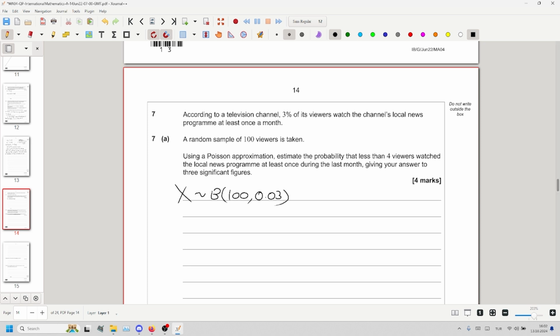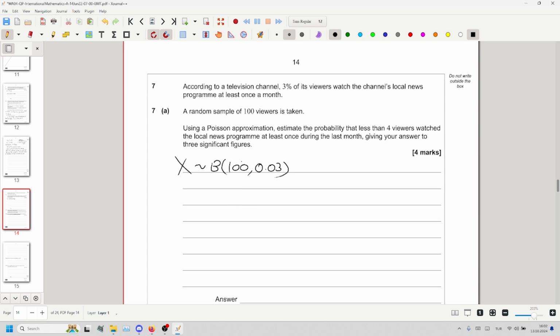Now it tells us that we need to use a Poisson approximation to estimate the probability that less than 4 viewers watch the news. Since the n value is large and the probability is low, we can approximate this with Y, Poisson of 100 times 0.03. So that's going to be 3.